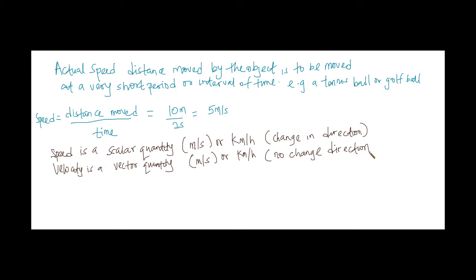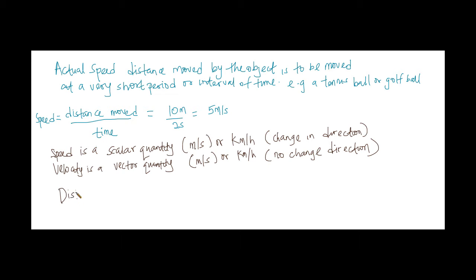So if that same car moves along a straight line or constant direction, either due south or due west, or any of the cardinal points, the direction was stated and we are no longer dealing with distance of the car but displacement of the car. So we can see that this is the term differentiating speed and velocity.